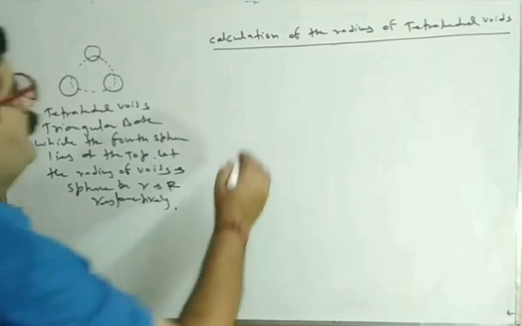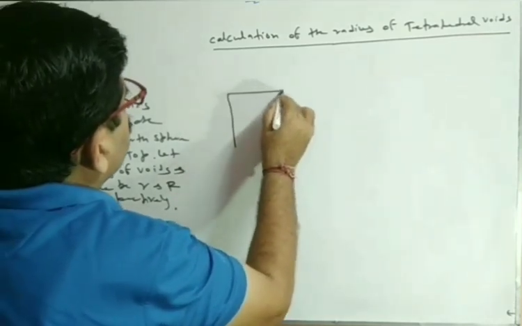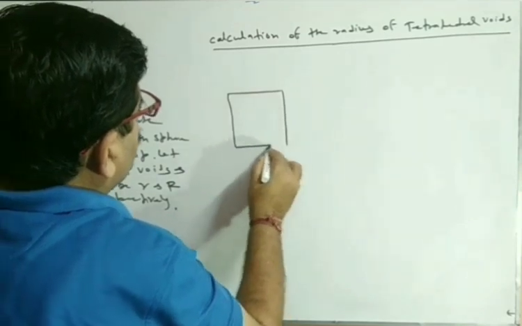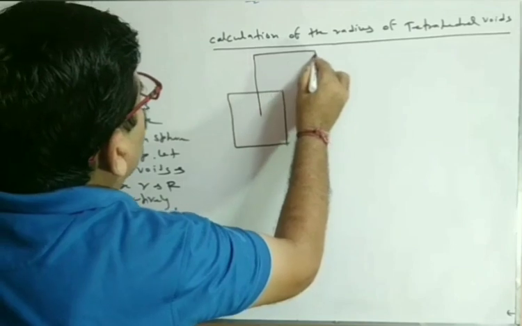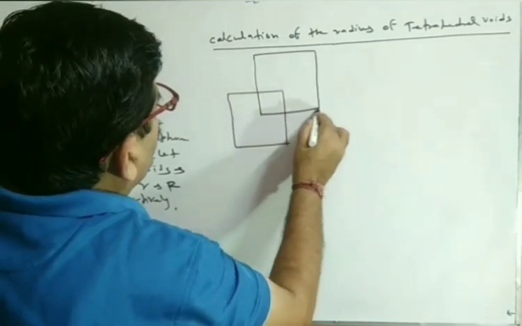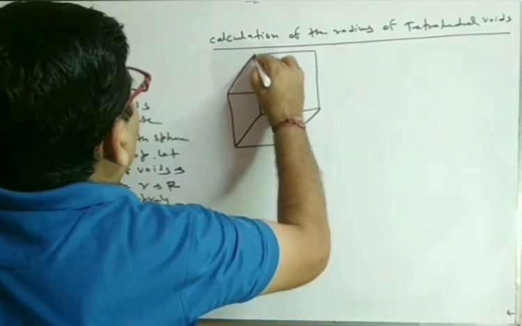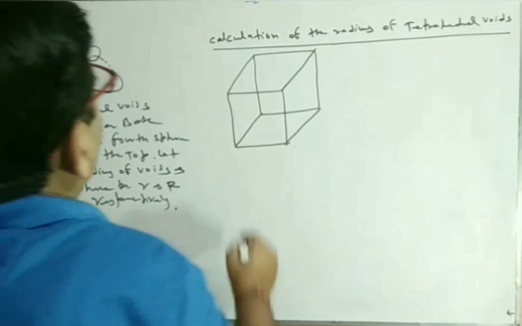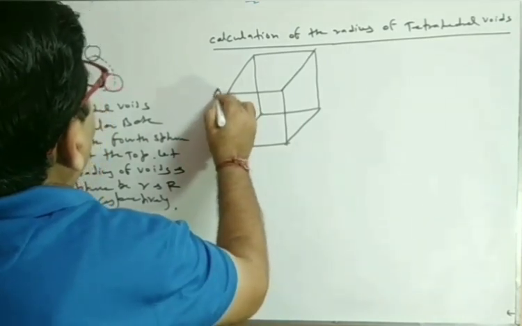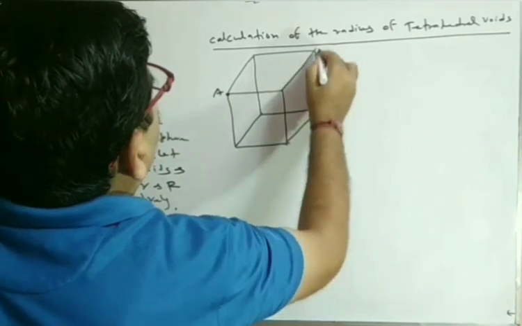Look at this cube. This is your cube. This point A, this point D, suppose.